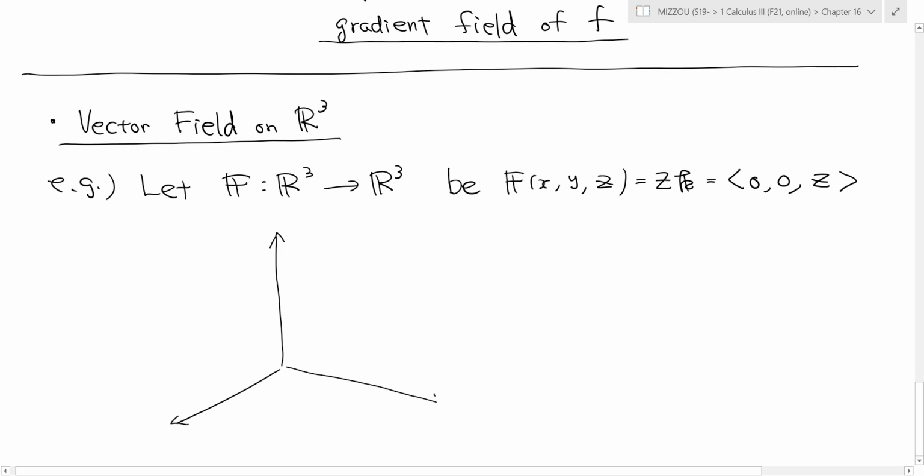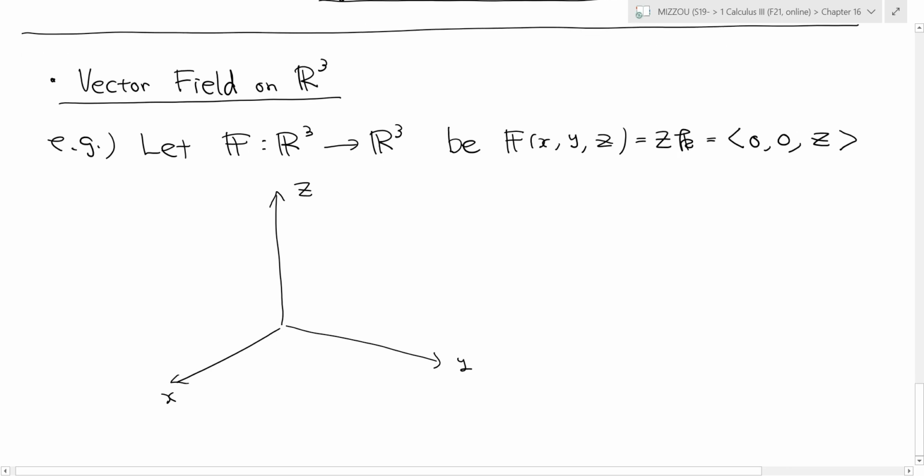So for each point in the xyz space, we have the corresponding output. But the output is just 0, 0, z. Vector 0, 0, z is like a vector pointing upward vertically. There's no x component, no y component. So just a vector pointing upward, depending on the height.